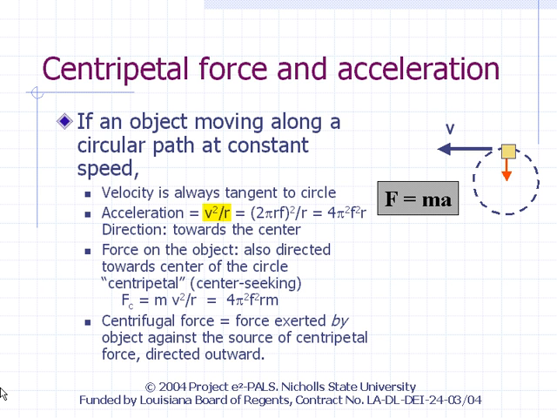In terms of frequency, it is equal to 4 pi squared times frequency squared times r. The derivation can be found in just about any standard physics textbook. The centripetal force is simply equal to the mass, m, times the acceleration.